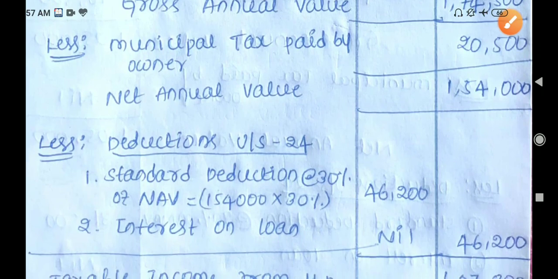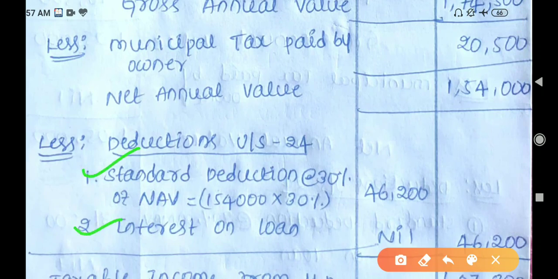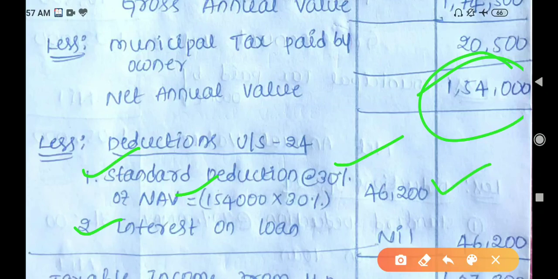In that you have to deduct deductions under section 24. Deductions under section 24 are two: one is standard deduction and the second is interest on loan. Standard deduction is always 30% on NAV. NAV is 1,54,000, so 1,54,000 into 30%, you will get 46,200.